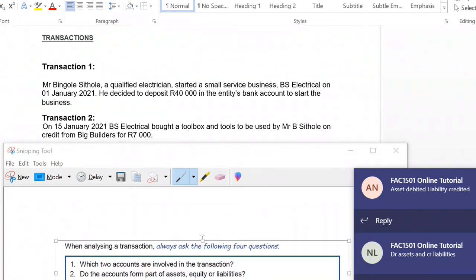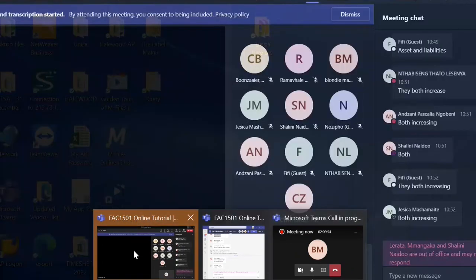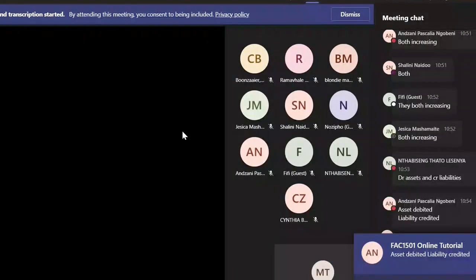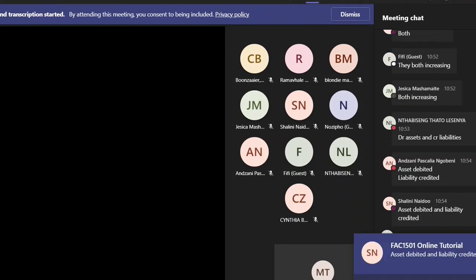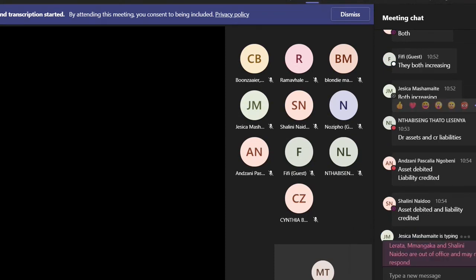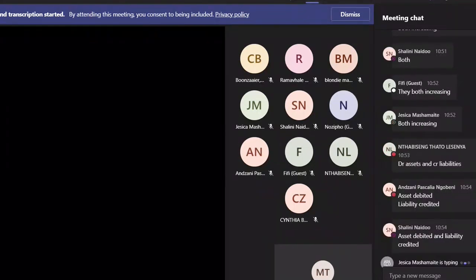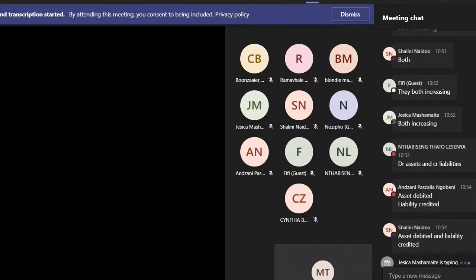So Blondie is saying asset, debit, liability, credit. Ntabi, asset, debit, liability, credit. Andy, asset, debit, liability, credit. Shalini, asset, debit, liability, credit. Let's hear what Jessica is saying.